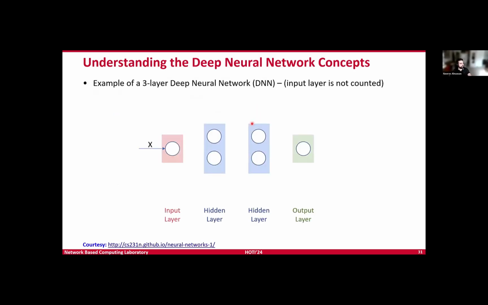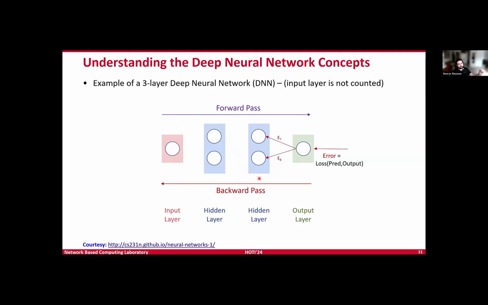So this is a very simple example of a deep neural network with 3 layers. Here we don't count the input as a layer. We have 2 hidden layers and the output layer, so 3 layers in total. A DNN is just a mathematical function. It takes an input and gives an output.